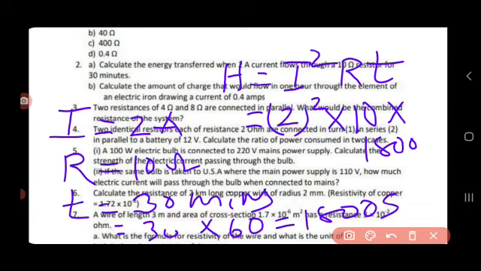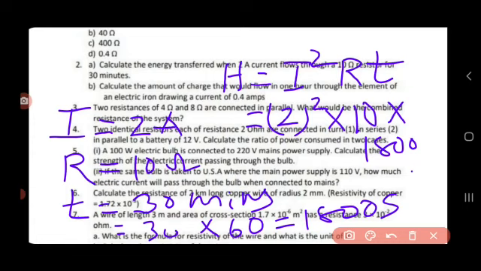Now we deal with the second question of question number 2, that is, calculate the amount of charge. You have to find out Q that would flow in 1 hour, through the element of an electric iron, drawing a current of 0.4 ampere.